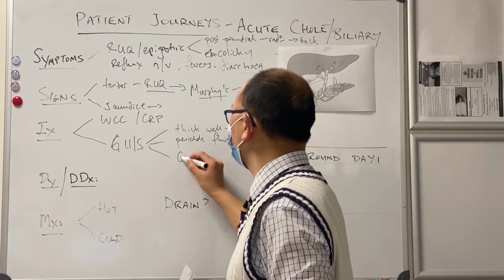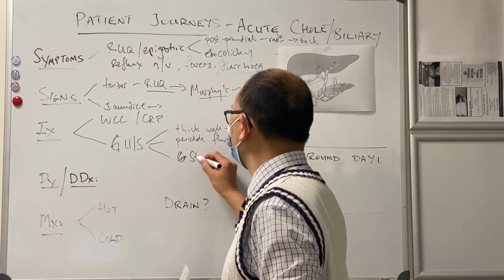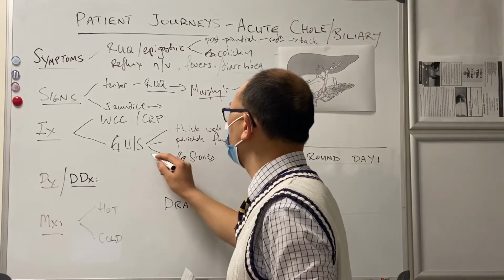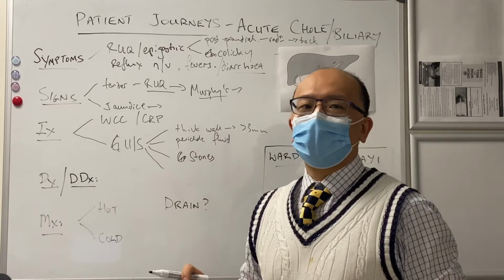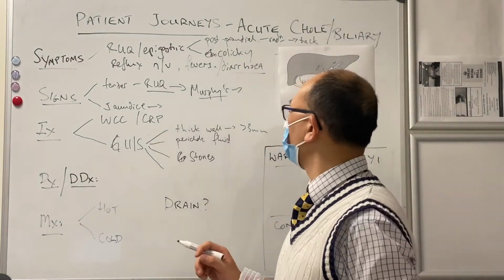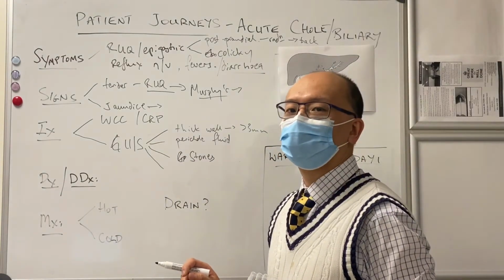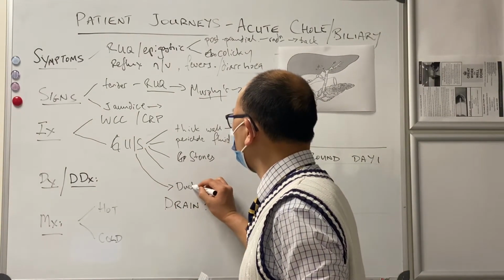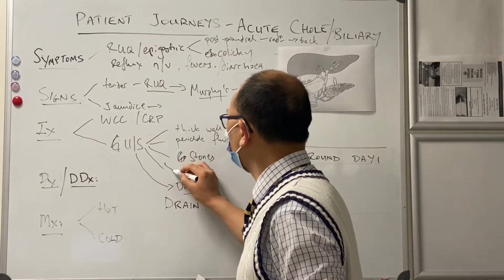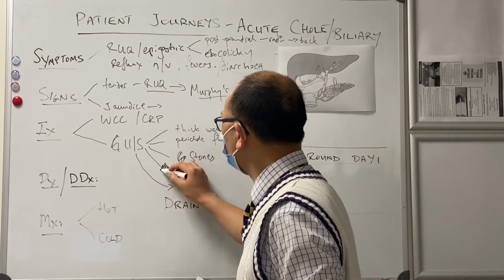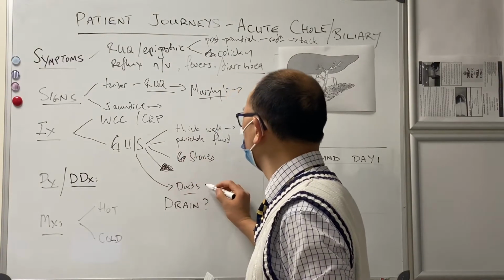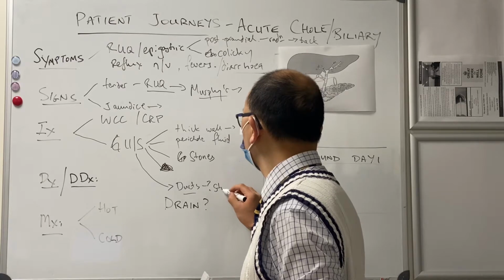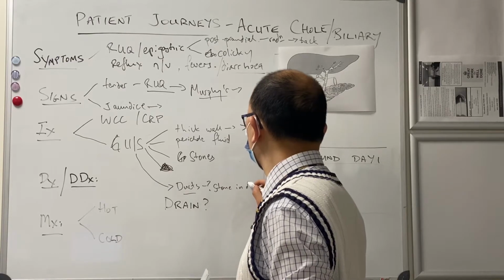Because what's the cause? Is it stones? Is it acalculous? And whether the stone's in the duct. But there's another important one for diagnosis of acute cholecystitis. Would that be a distended gallbladder?